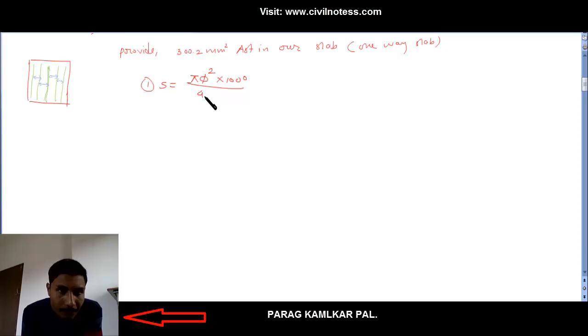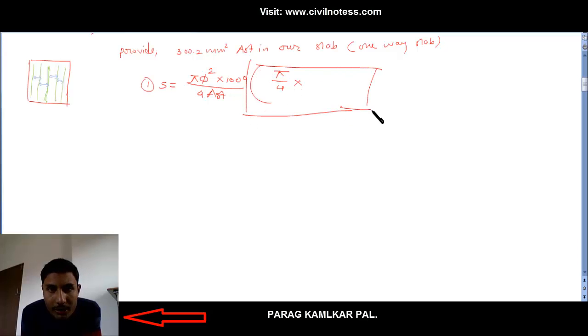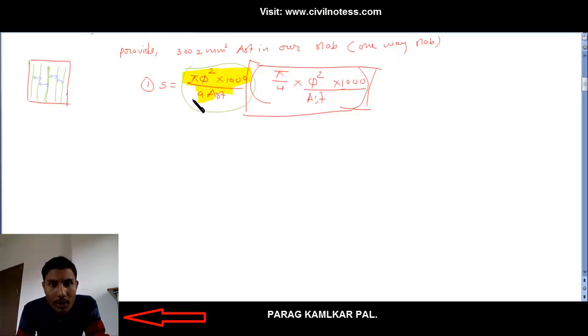So the formula in a simple manner is pi by 4 into diameter square, divided by Ast, multiplied by 1000. Remember, the main formula is this. You have to just follow this formula. I'll highlight this formula, spacing equals to this.